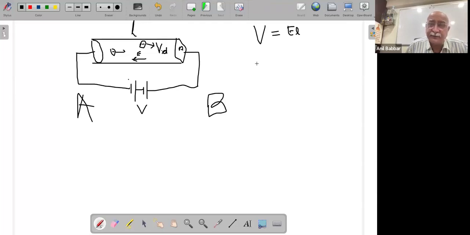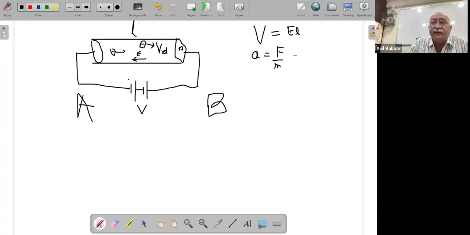The magnitude of acceleration produced in the electron, that is equal to what? So we can write it as a, which is force upon mass.